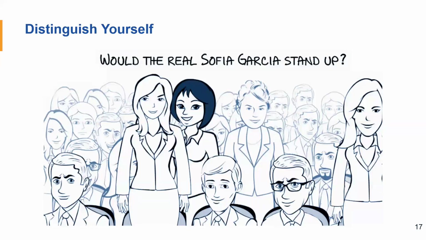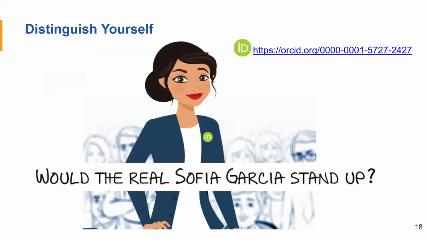If we're looking for an author named Sofia Garcia, there could be multiple people who identify with that name. But again, with ORCID, because Sophia's ORCID ID is unique, we can better distinguish her and her works and activities from other individuals. So ORCID helps to streamline your online digital identity in the research landscape.